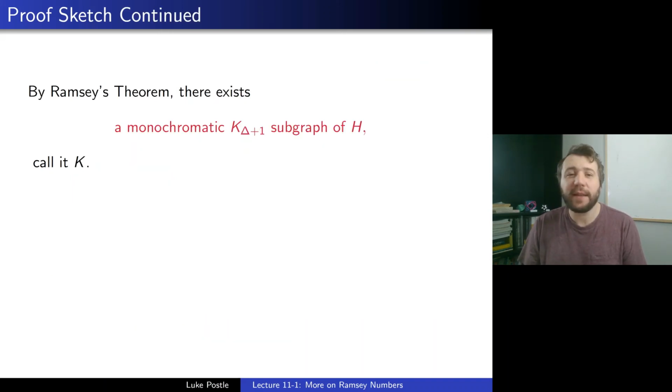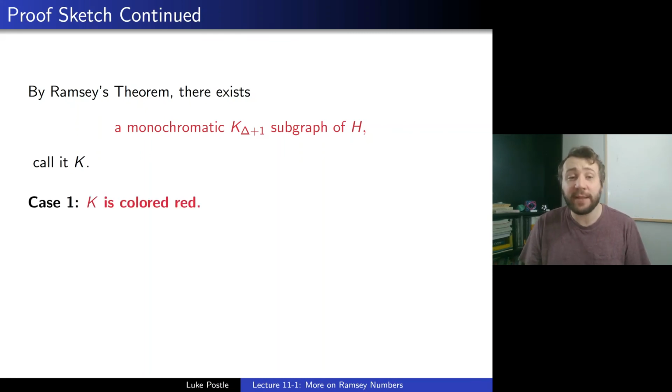By Ramsey's theorem, there exists a monochromatic K delta plus 1 subgraph of H. Call it K. So from Turán's we can ignore the irregular pairs and find a clique on just regular pairs, and then by Ramsey, with the two-coloring of high-density and low-density pairs, we can find a monochromatic subgraph.